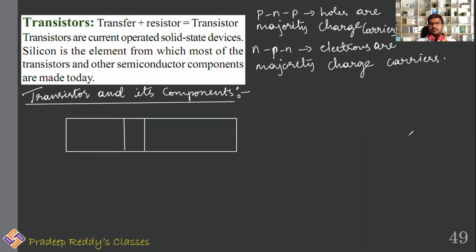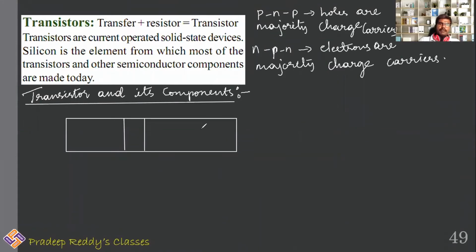Only the carriers are different: in PNP it is holes and in NPN it is electrons. Only the current direction gets reversed. The working is the same, and the constituent parts of the transistor remain the same in both NPN and PNP transistors.